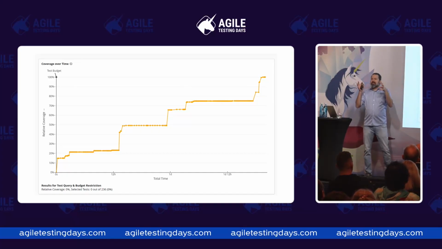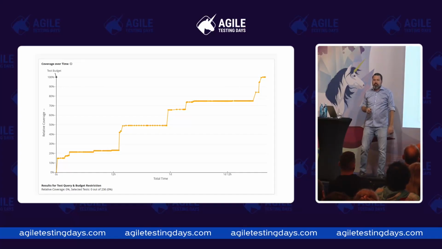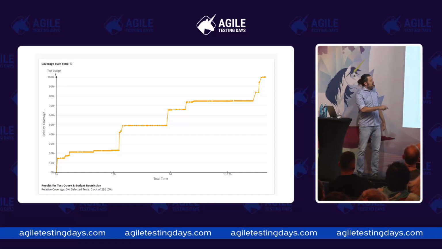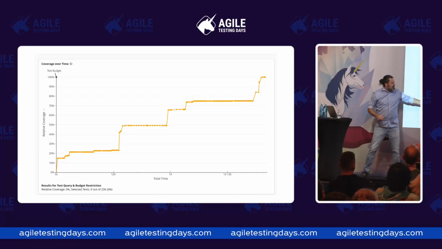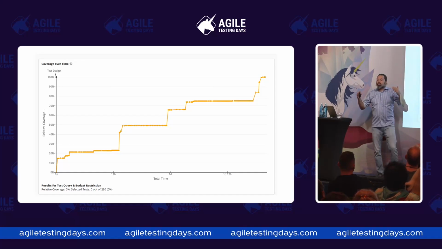And each plateau is a cluster of very similar tests, like the blurs. And the first test in a cluster adds a lot of coverage, and then you basically spend a lot of time in that plateau. And if we now would cut off this test suite here, then in a couple of hours we would only produce 20% of the coverage that the entire suite finds. And so we can't expect to find more than 20% of the bugs that the entire suite finds.